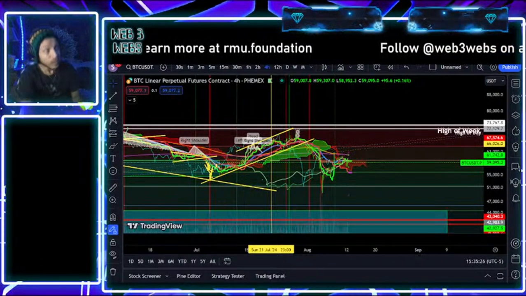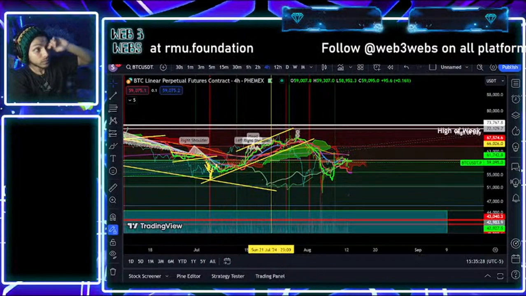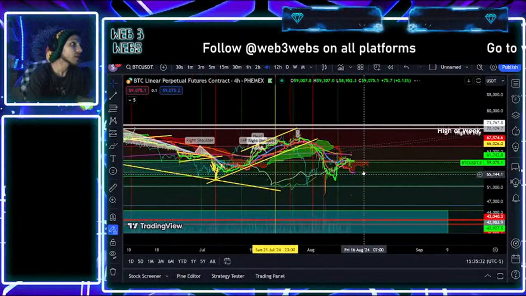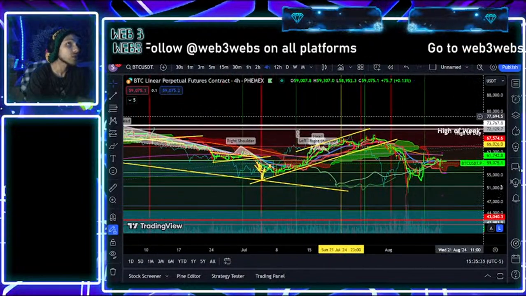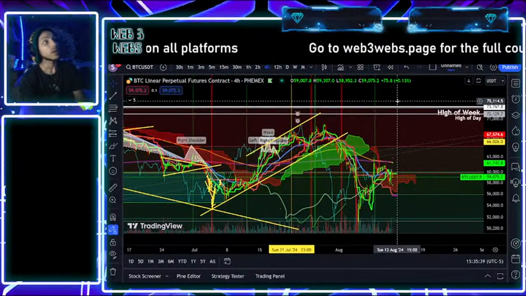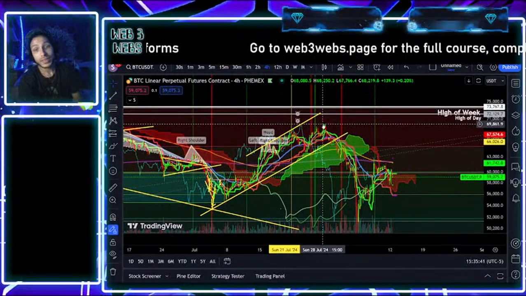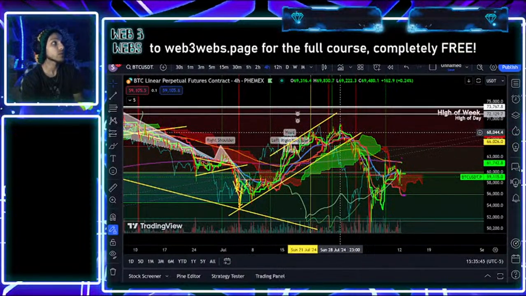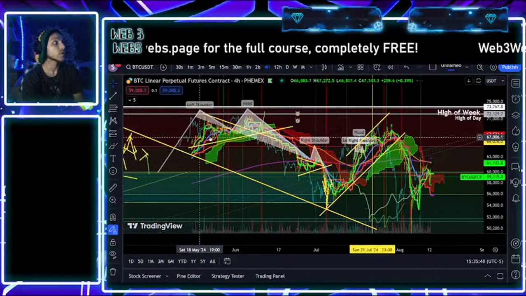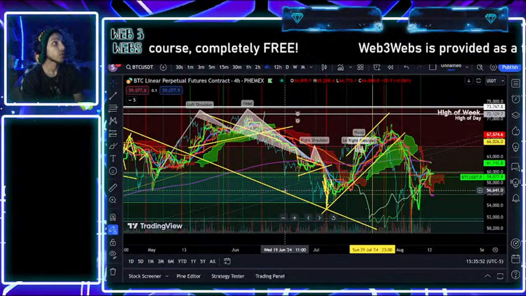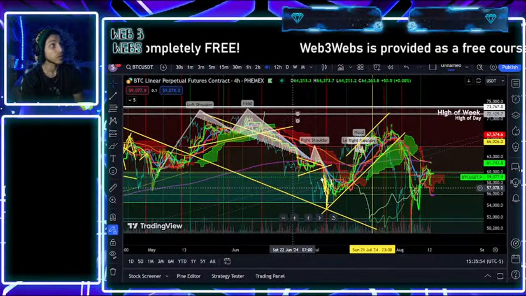So, alright. Now, last time we did the stream, I mentioned how I had been predicting this drop for Bitcoin while everybody else was calling for a rally. And it just made sense to me, right? I talked about it before, how we were in this upwards channel. We had already created a head and shoulders pattern that we had to be able to recover, or we were not going to do very well for long.